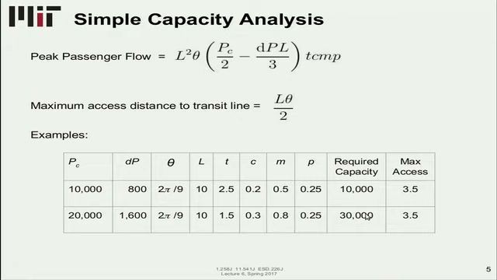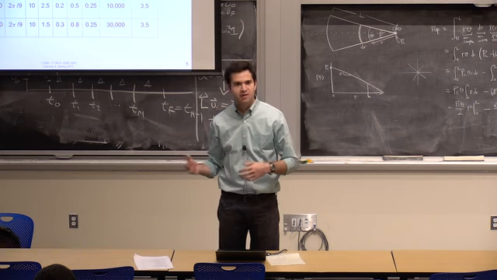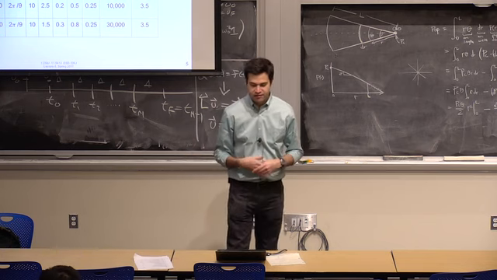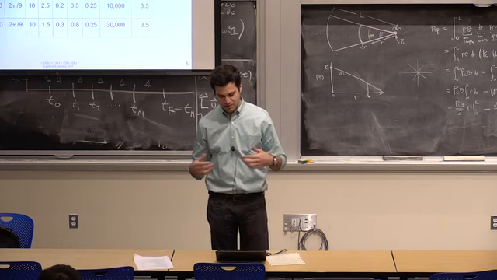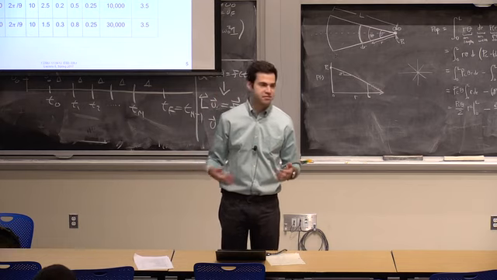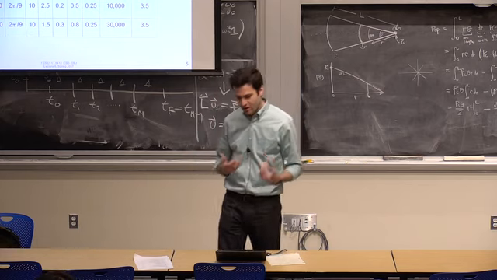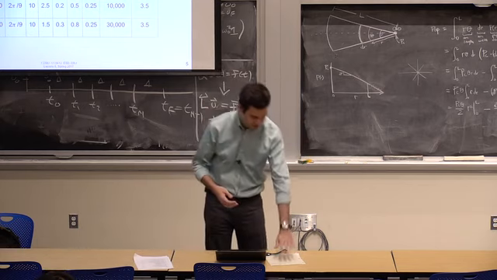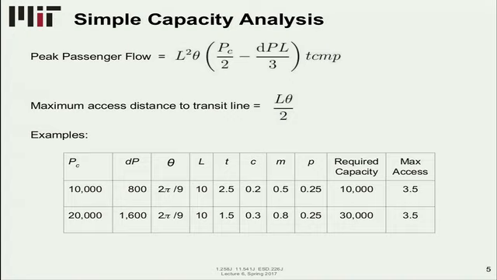And then from that, one could say, well, can I have a bus system serving 10,000 people per hour, or can I have a bus system or a rail system serving 30,000 people per hour? Accommodating the flow, which is again a back of the napkin calculation, but it gives you an idea of, based on the characteristics of some city, what we would need.